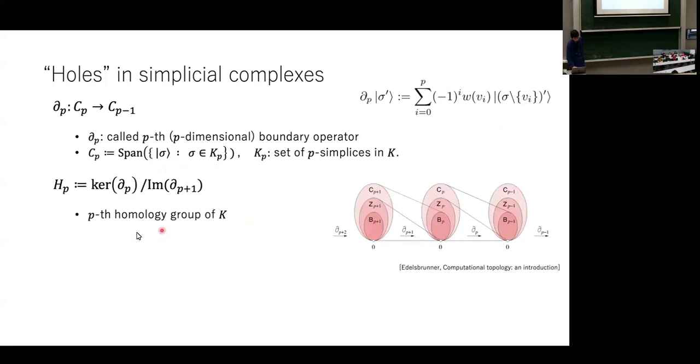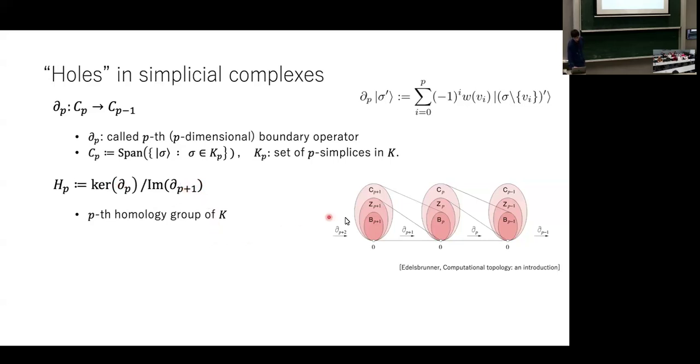And then the homology group can be defined as the quotient space of the kernel of the p-dimensional boundary operator and the image of the p plus 1 dimensional boundary operator.